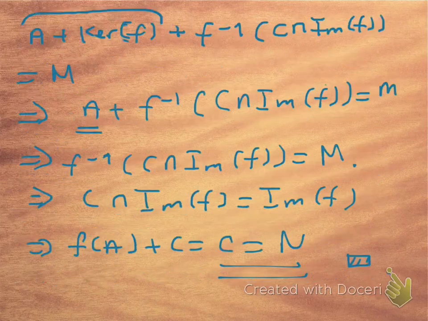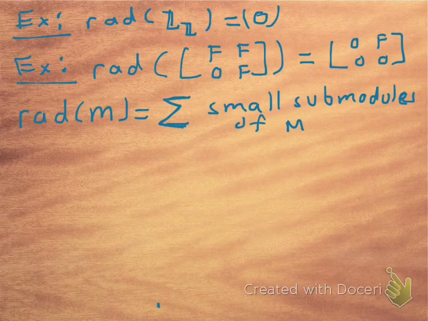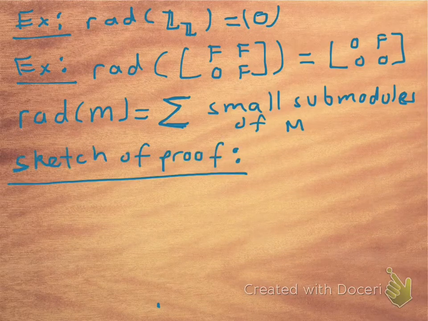So what we are saying is simply that the radical of M is the sum of small submodules or small cyclic submodules of M. So let's prove this. Okay, now we give a sketch of proof.